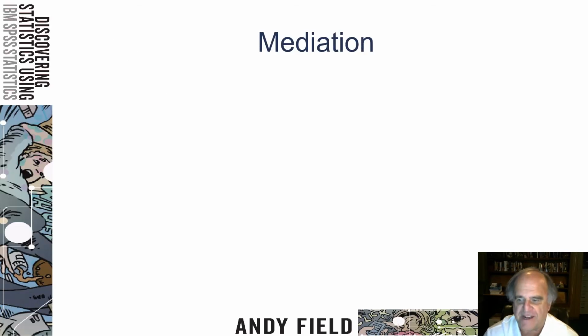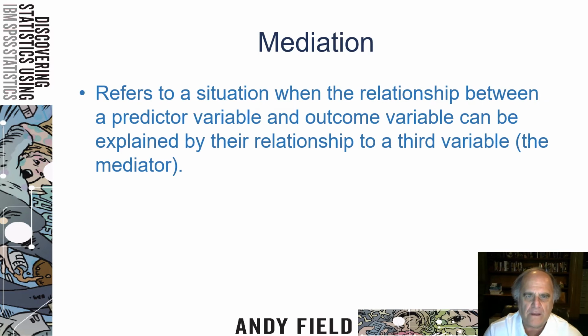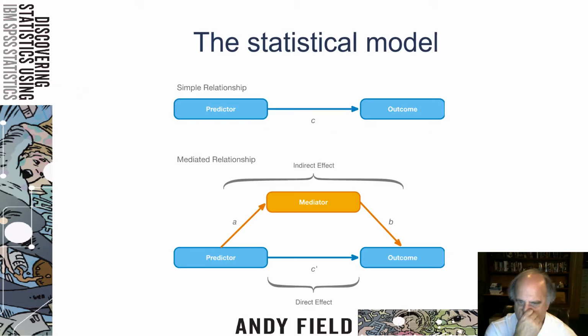So again, mediation. Now this is slides from Andy Field. Mediation refers to a situation when the relationship between a predictor variable and an outcome variable can be explained by the relationship to a third variable, which we call the mediator. So our simple relationship again would be predictor to outcome, and our effect we label c. Our mediated relationship is predictor to outcome.